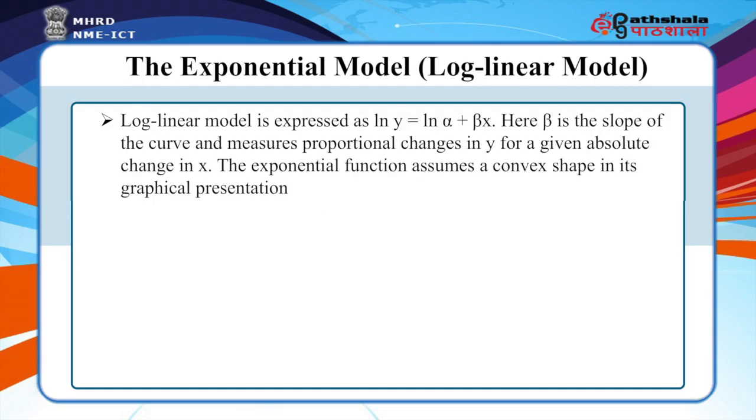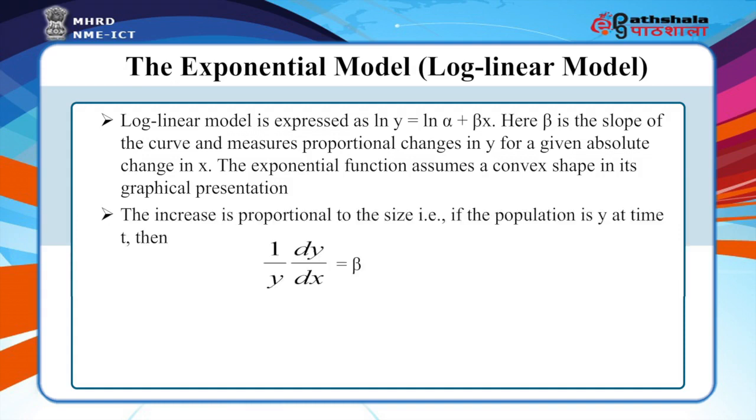Log linear model is expressed as log y is equal to log alpha plus beta x. Here, beta is the slope of the curve and measures proportional changes in y for a given absolute change in x. The exponential function assumes a convex shape in this graphical presentation.